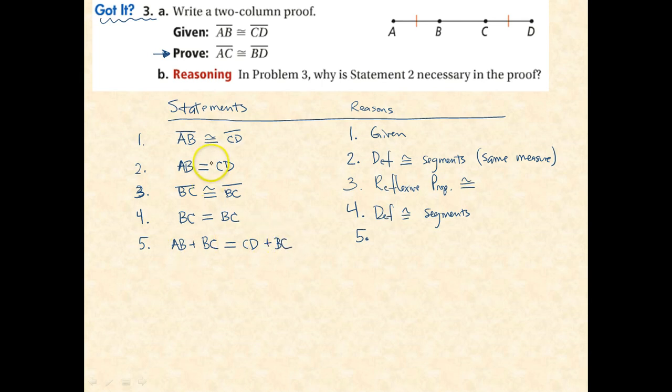I'm allowed to do that because I'm adding the same number to both sides of an equation, and that is the addition property of equality.